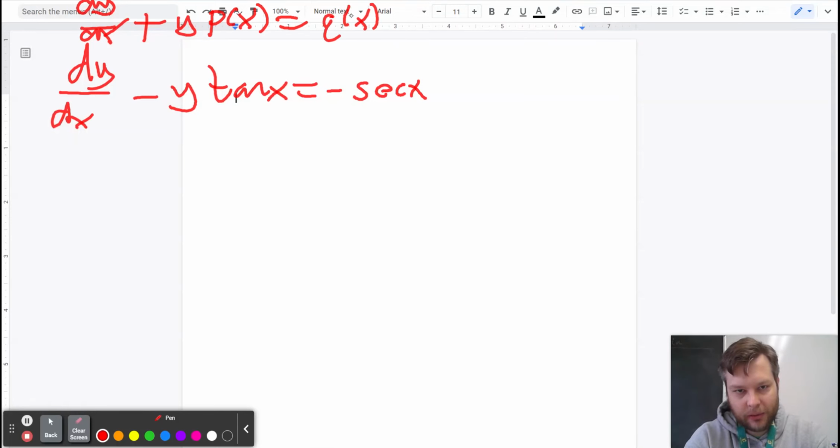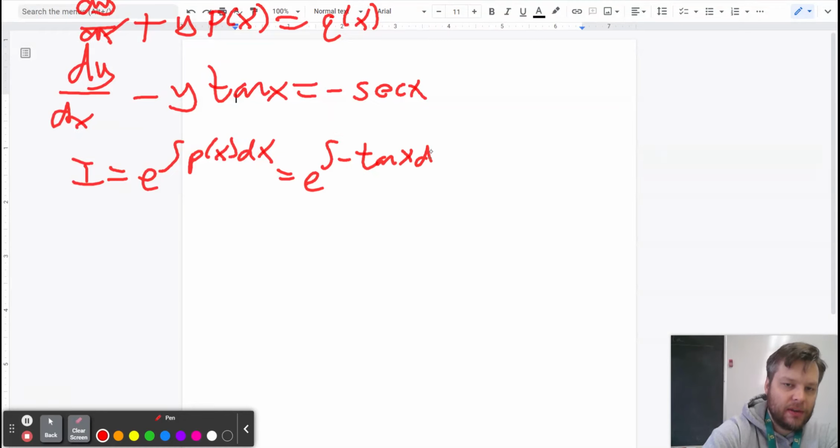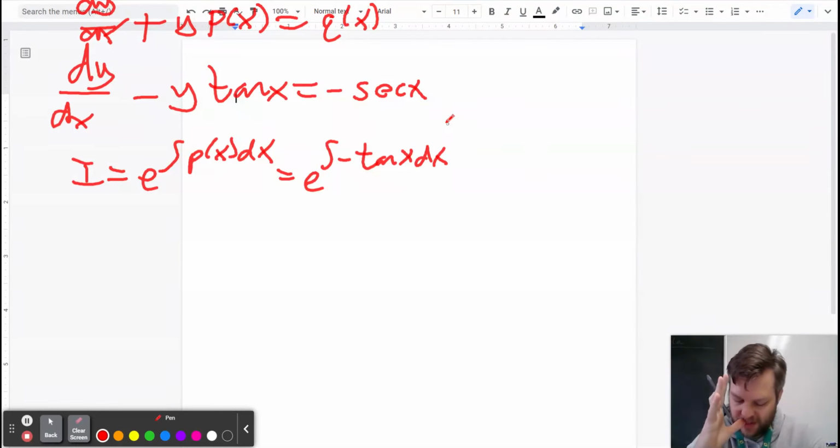So you want to identify what those pieces are, and you're going to multiply by the integrating factor e to the integral of p of x dx. Which here, don't forget about that negative. It's a small detail. You want to go to the antiderivative of tangent of x.